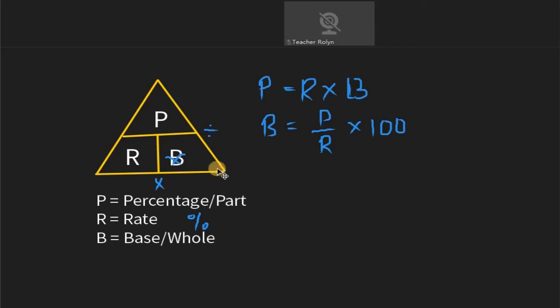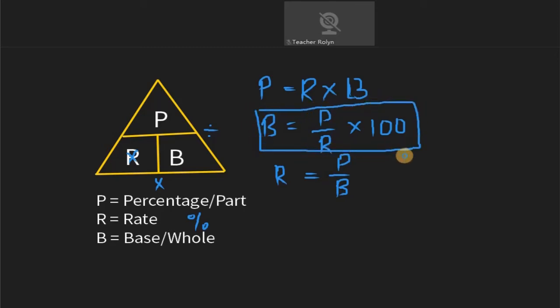And then, say for example, if you want to find the R, cover the R, that will be P divided by B. Alright? And let's focus dito sa formula natin sa pangalawa kasi ito yung ating topic for today.